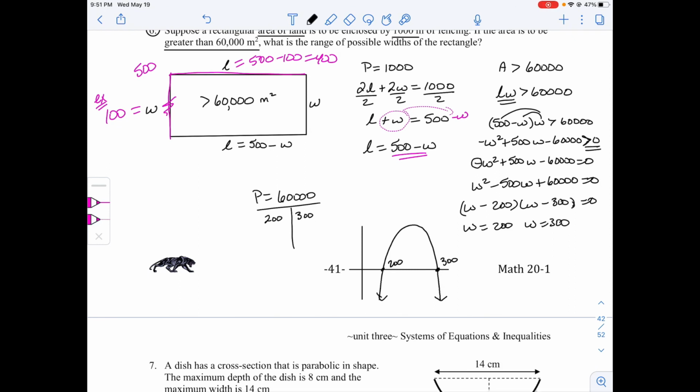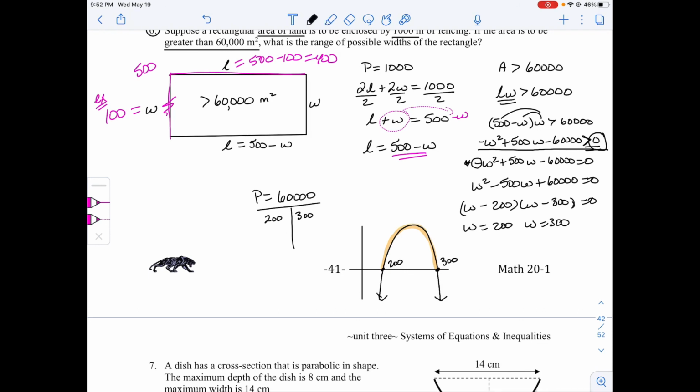We would go back to that original inequality, because we just simply factored out the negative A value to find the roots, but we're still looking back at the negative inequality. And so this question says, where is it above zero? Well, it's above zero between 200 and 300.